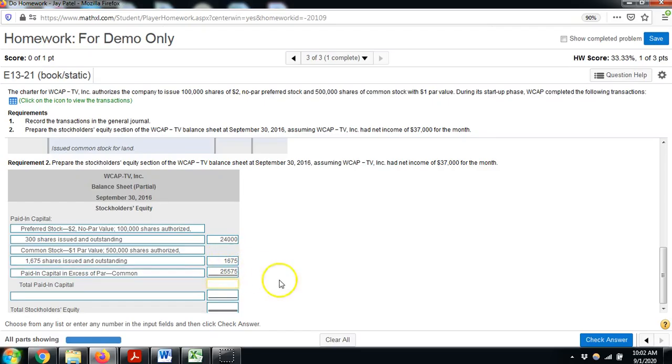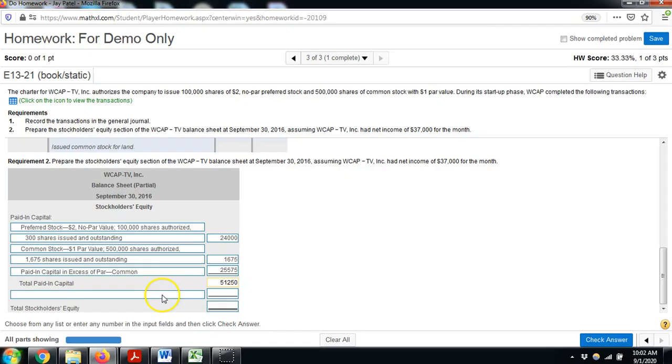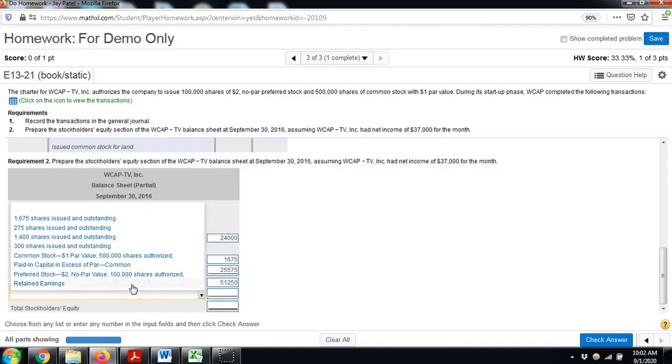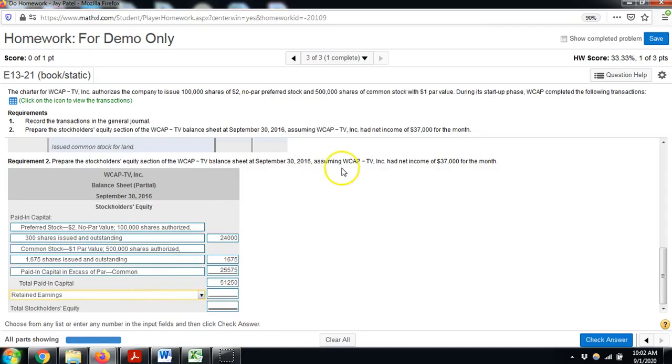And then when we add all this up, finally we have retained earnings. It looks like this is a startup, so this retained earnings is basically just the net income.